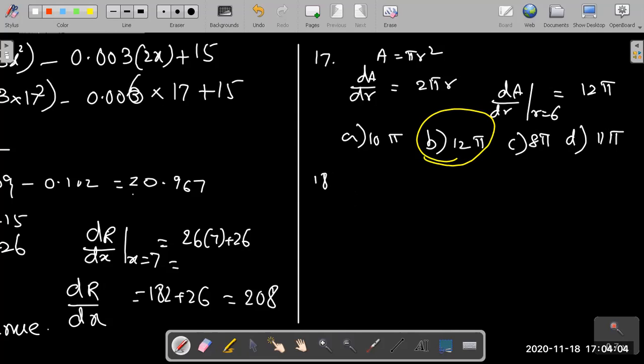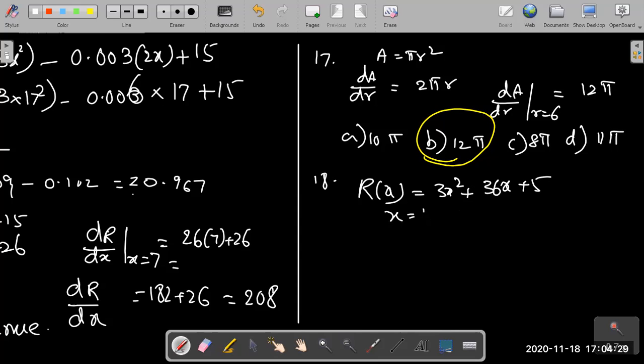The total revenue in rupees received in sale of x units of a product is given by R of x equal to 3x square plus 36x plus 5. And what is the marginal revenue when x equal to 15?